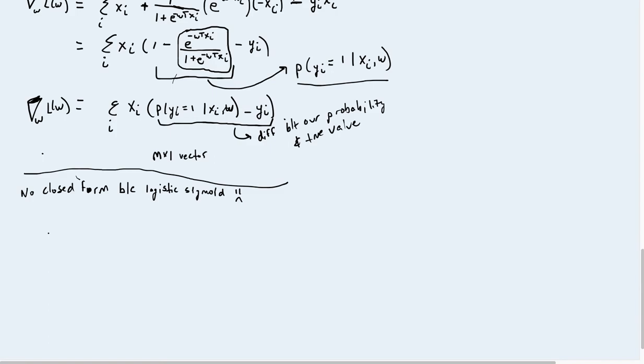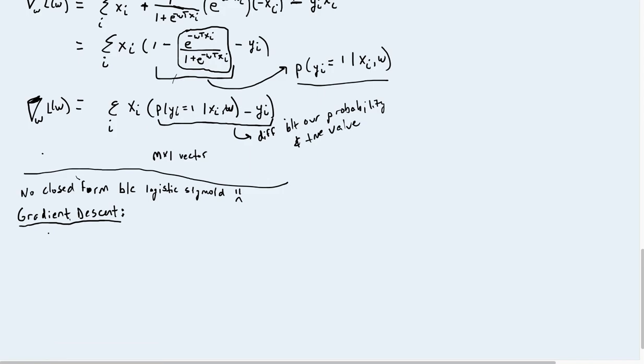But that's okay, because we can do an algorithm called gradient descent. Basically, you follow the opposite of the gradient with your vector w so that you can arrive at a minimum of the loss function with respect to w.